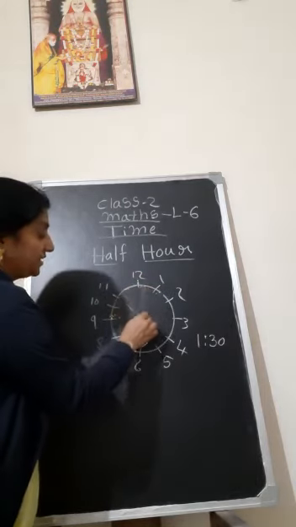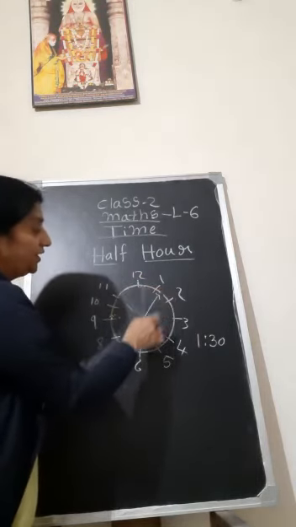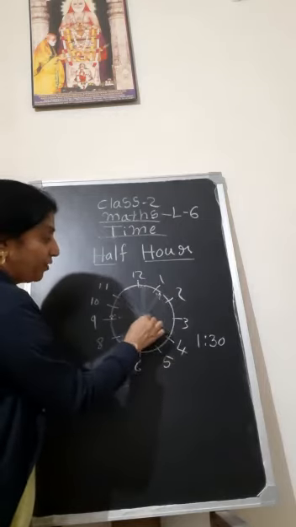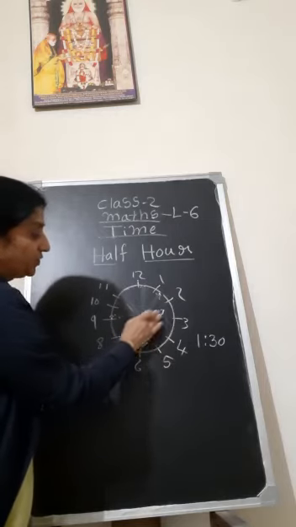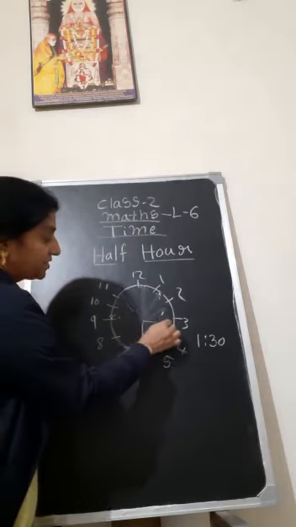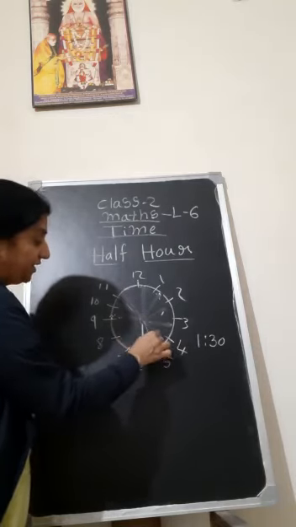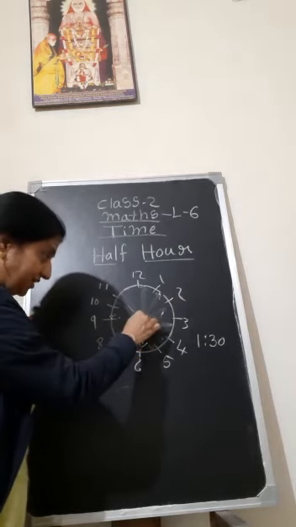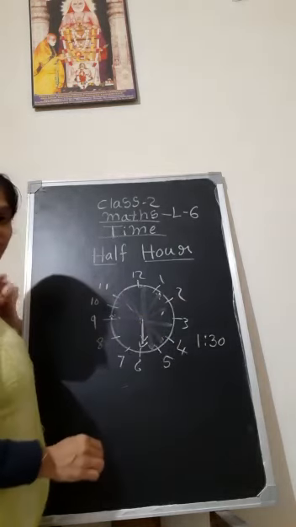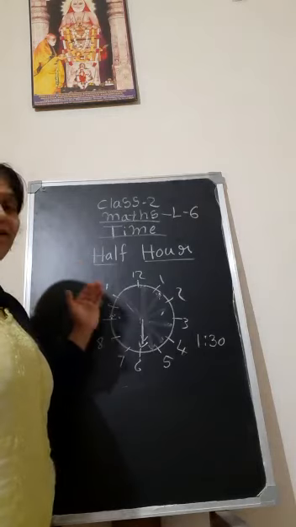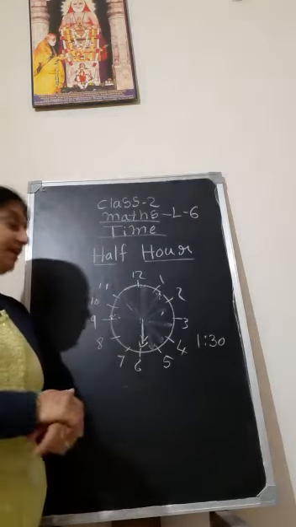If it passes 1, we call it 1:30. If it passes 2, we call it 2:30. If it passes 3, we call it 3:30, 4:30, 5:30. Like that, if the longer hand is on the 6, it is 6:30. Like that, we are telling the time.